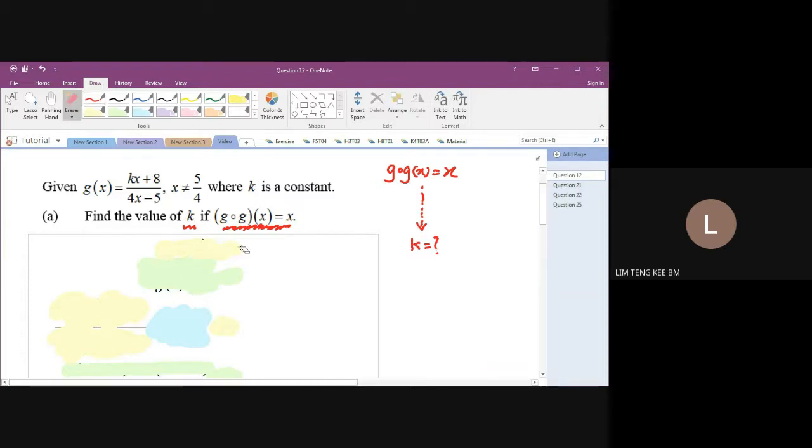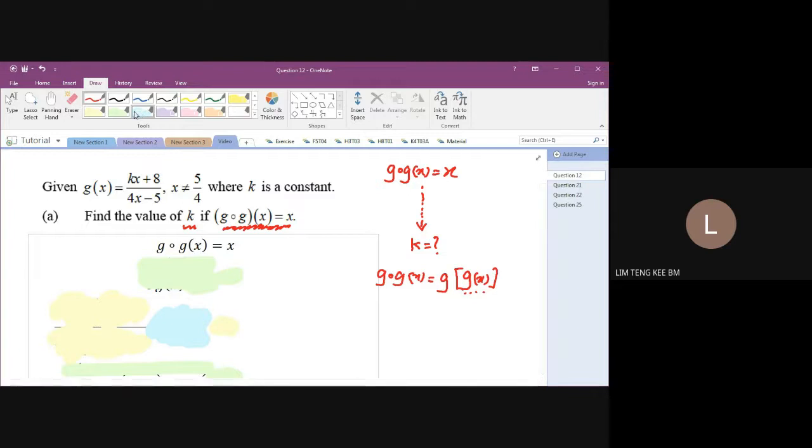So our solution will begin, as I said just now, with the composite g g equals x. What we know about g composite g is that it has the same idea as substituting the function g inside g.